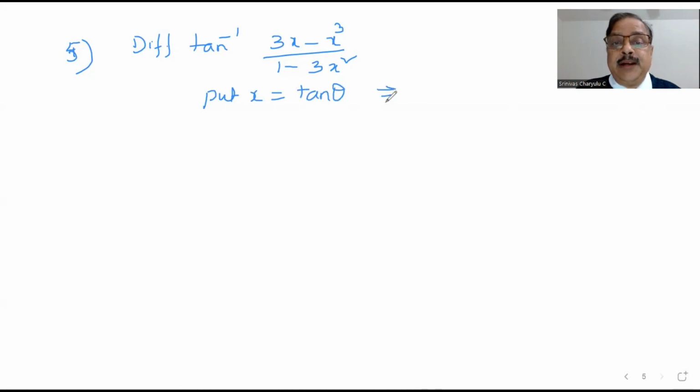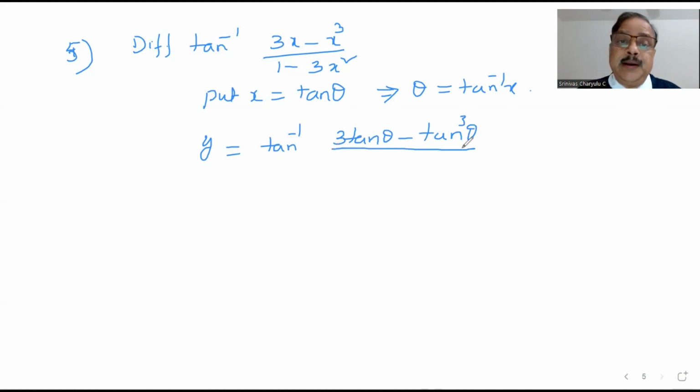So here itself I am writing theta will become tan inverse x. Remember this. It will be useful in a subsequent step somewhere. So if you substitute wherever x is there as tan theta, our sum will become y is equal to tan inverse 3 tan theta minus tan cube theta divided by 1 minus 3 tan square theta.